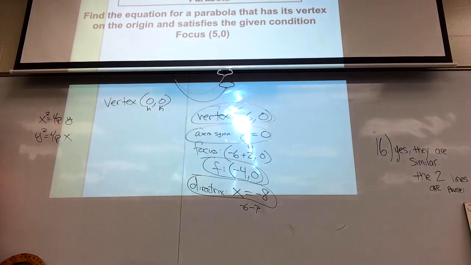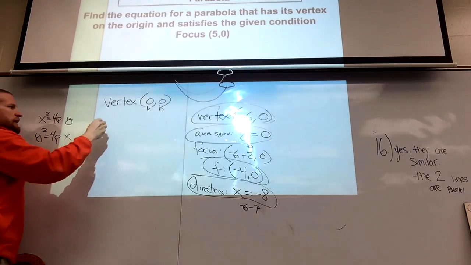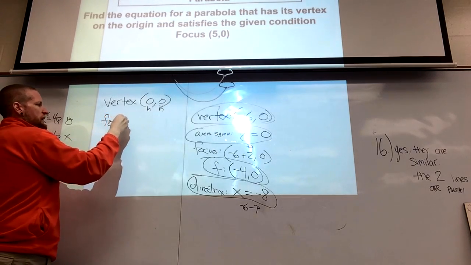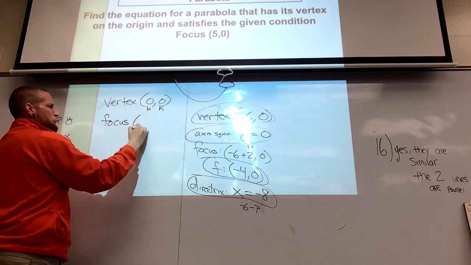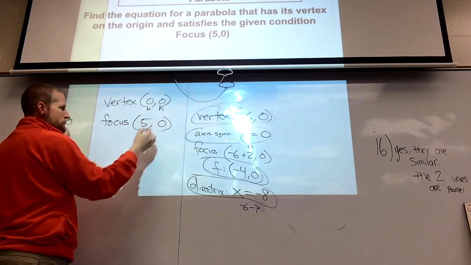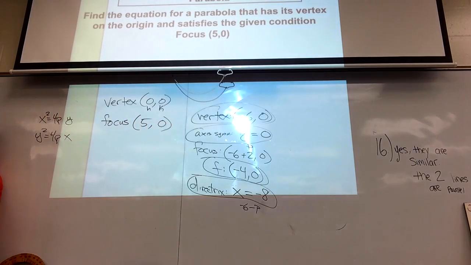Okay? It's going to be one of those two forms. So basically, if I find out what the p-value is, I should be able to fill in p to one of those two. And the easy way to figure out p-values, guys, especially if they give you a focus point, is to remember that the p you need to find is just how far away the focus and the vertex are from each other.